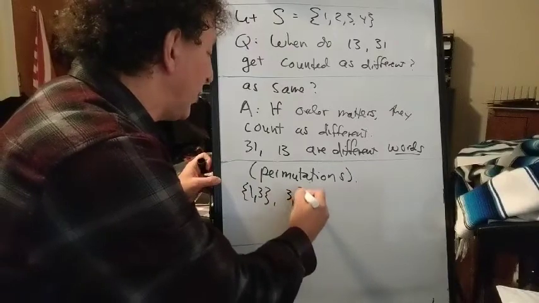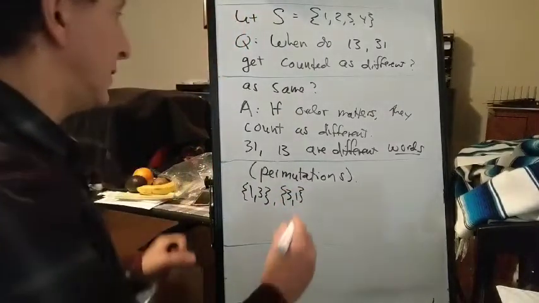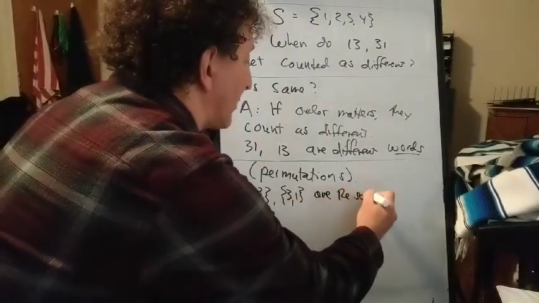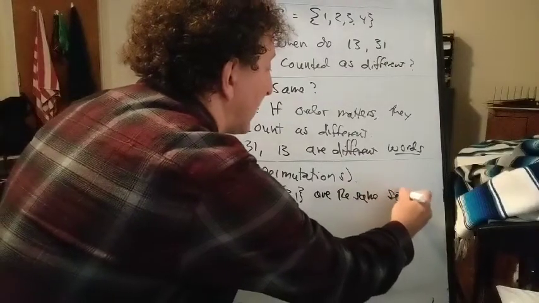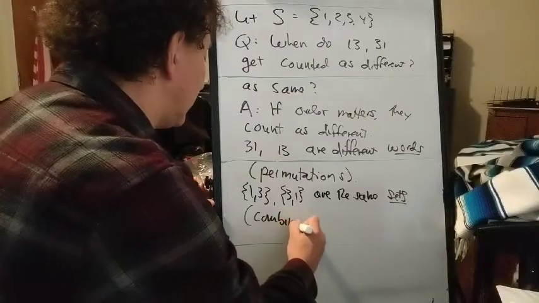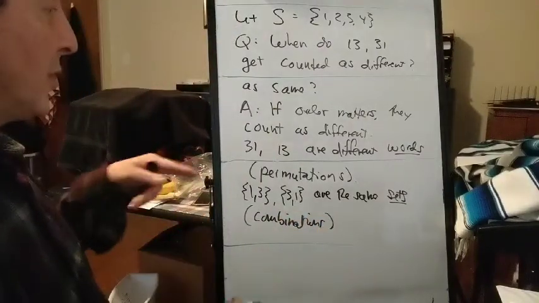1, 3 and 3, 1 in set braces are the same sets or combinations. Here, order doesn't matter.